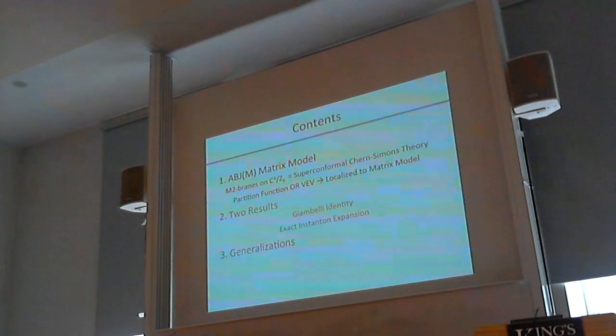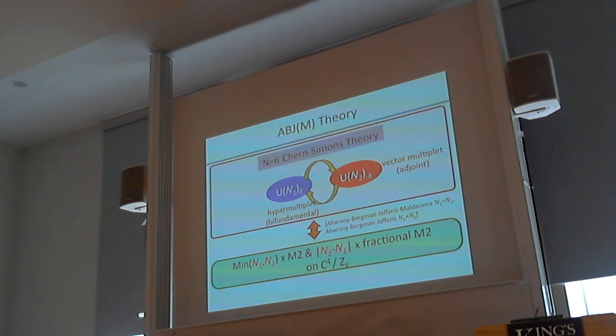I start with the ABJM matrix model. It was recently proposed by ABJM that N M2 branes, when put in this kind of simple orbifold, are described by maximally superconformal N equal to 6 Chern-Simons theory, where the gauge group is U(N1) × U(N2), and the levels are k and minus k.